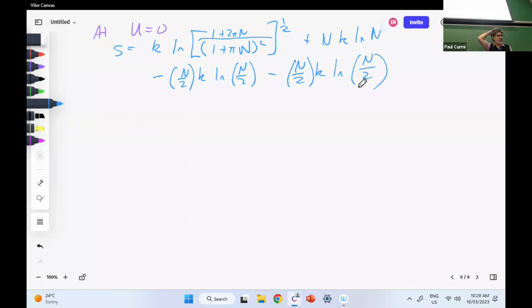What's happened is those second terms, in terms of U divided by 2 mu B, the energy broken into steps, have vanished, all gone. So I can write this again as k ln of this ugly term to the half.